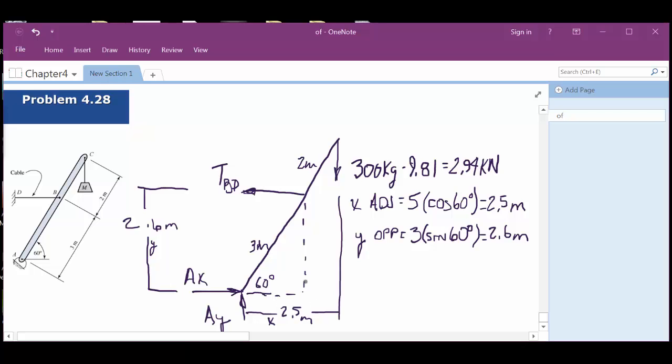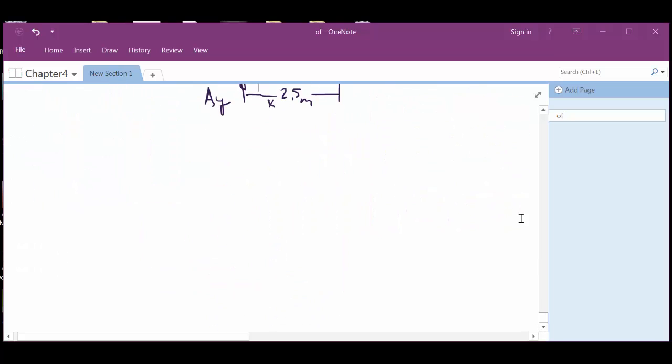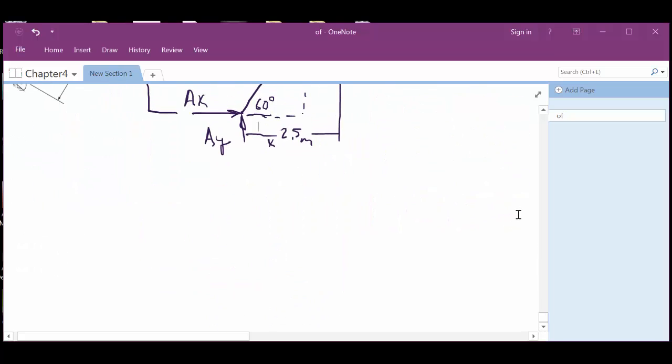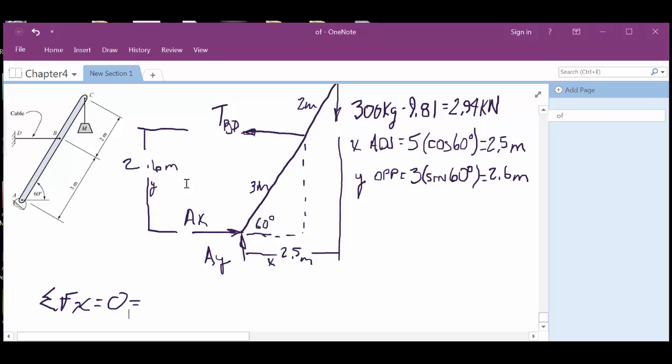We've got all the information we really need for the free body diagram in this case, right? So now we can just go and do our sum of the forces in the x, sum of the forces in the y. And again, I know this sum of the forces in the x equals 0. I know I don't have enough to solve for this, but I go ahead and put it down. What do I have?